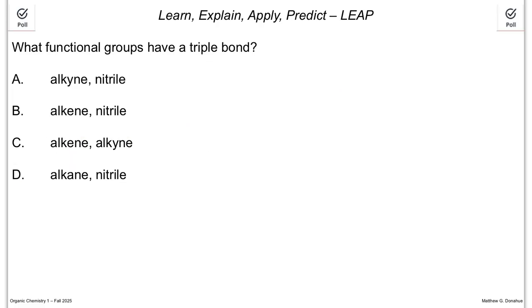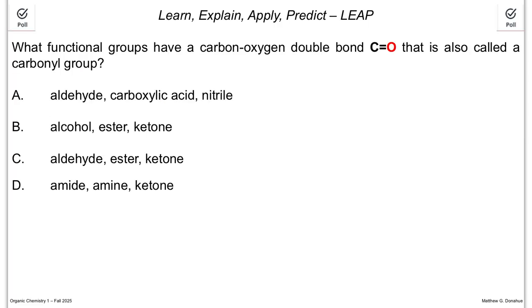So what functional groups have a triple bond? So A, an alkyne and a nitrile. What functional groups have a carbonyl, C=O double bond?